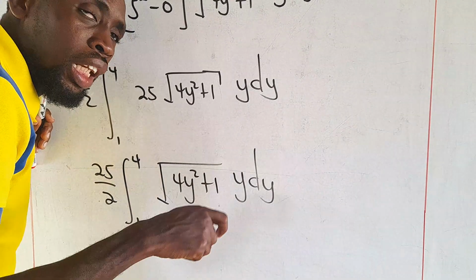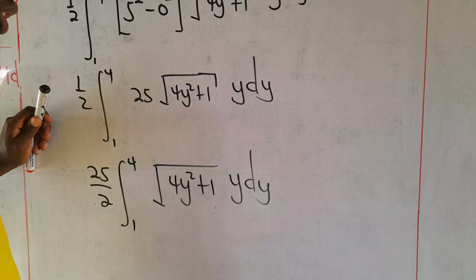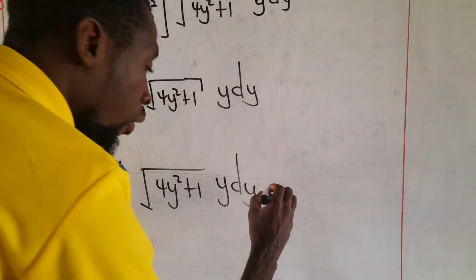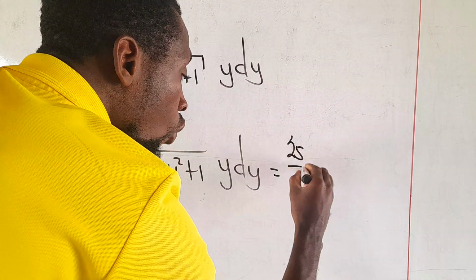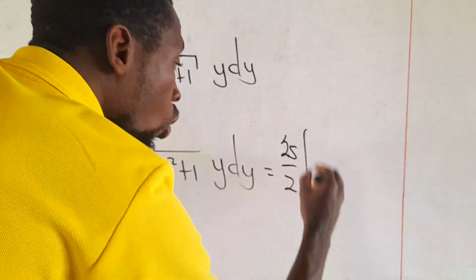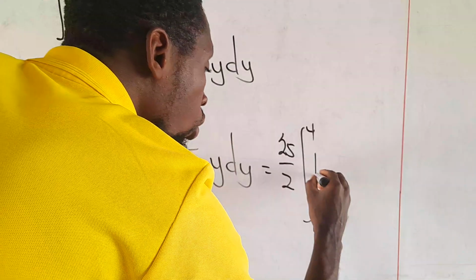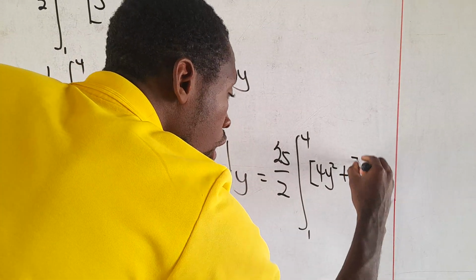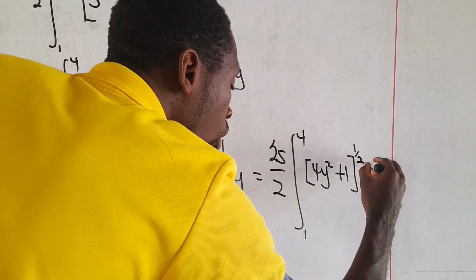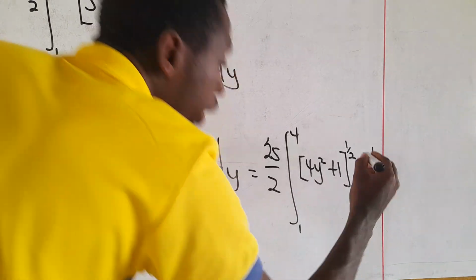I can use integration by substitution to do this. So first, I will rewrite this function as 25 over 2 times the integral from 1 to 4 of (4y squared plus 1) exponent half y dy.